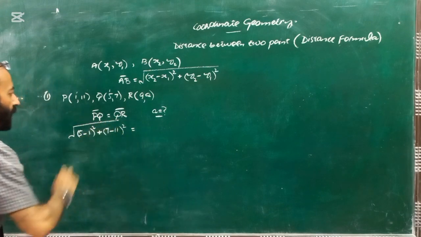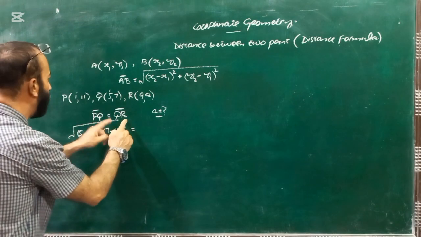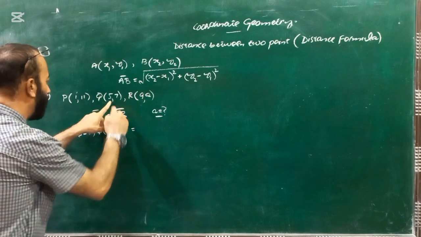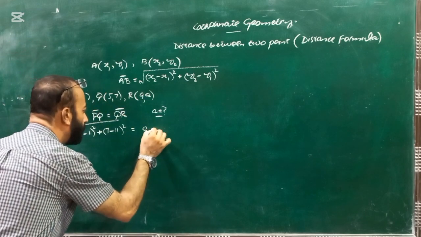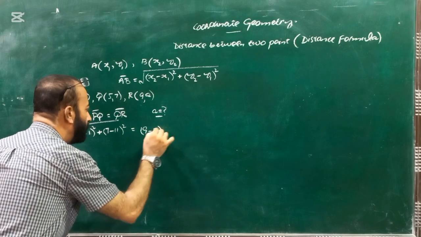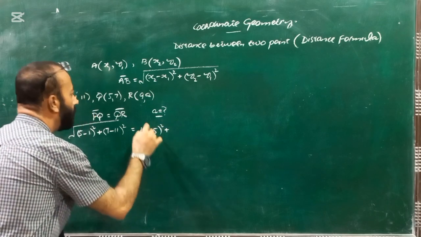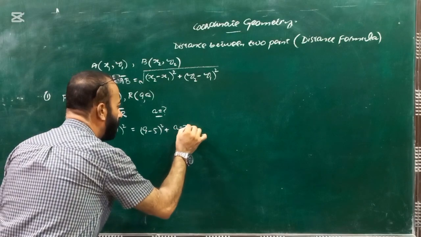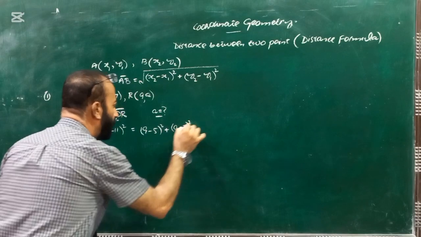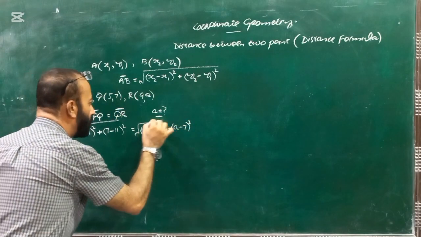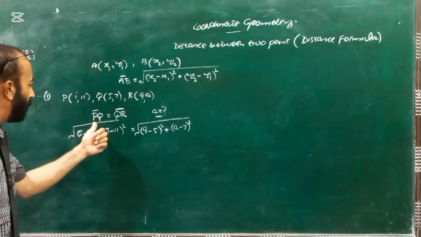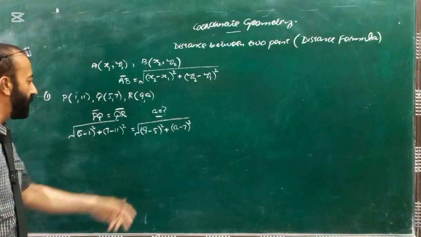And on the right hand side we apply the distance formula on QR. So x2 minus x1, 9 minus 5 whole square plus y2 minus y1, a minus 7 whole square, root. So we have applied the distance formula on both PQ and QR.